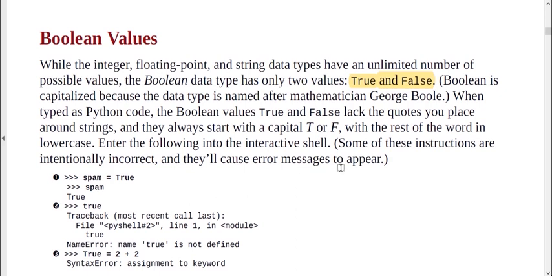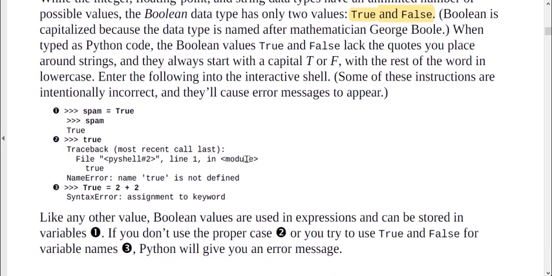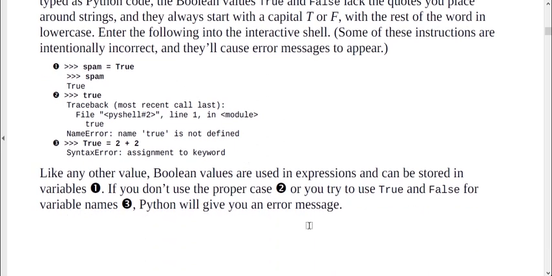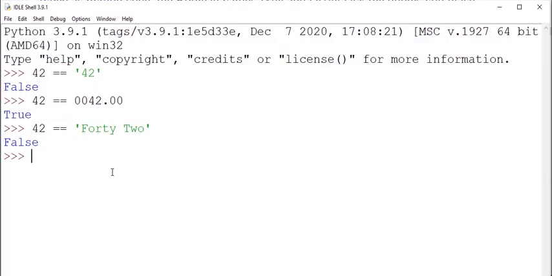Now let me show you some examples where you can understand it in a better way. I will go to the IDLE shell and here I will type a variable name, say spam is equal to True.